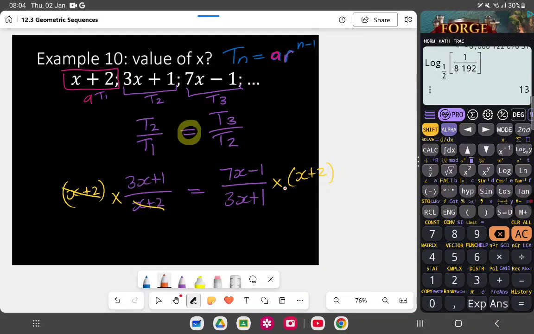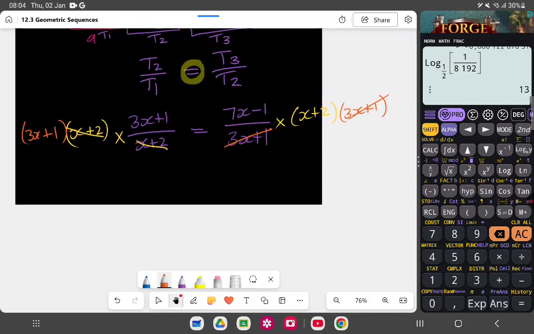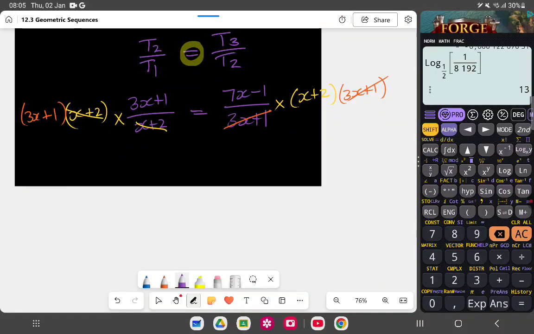So I'm going to multiply by 3x plus 1 so that this cancels, and I multiply here by 3x plus 1. This means that I have 3x plus 1 times 3x plus 1 is equal to 7x minus 1 times x plus 2.